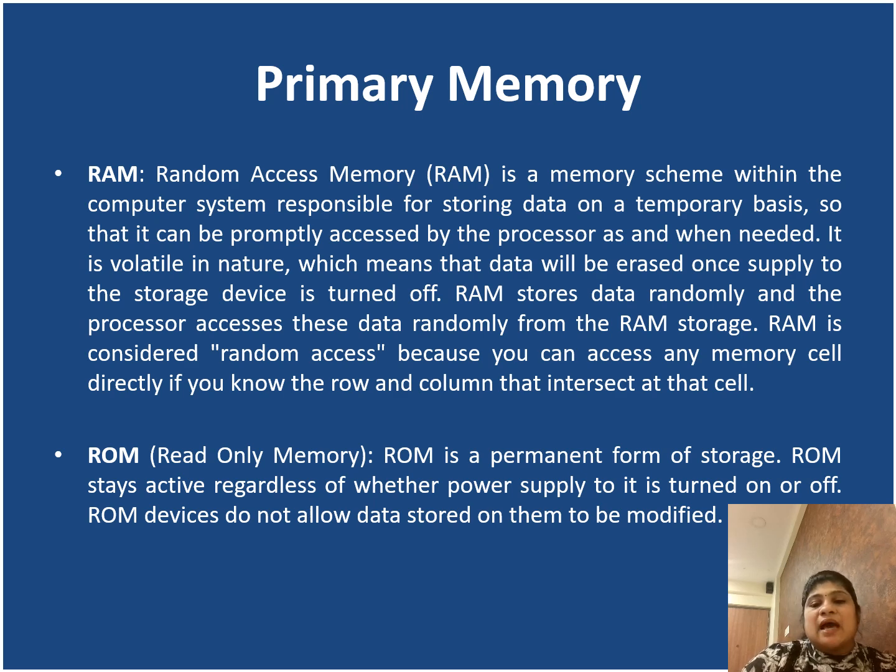RAM stores data randomly and the processor accesses this data randomly from the RAM storage. RAM is considered random access because you can access any memory cell directly if you know the row and column.